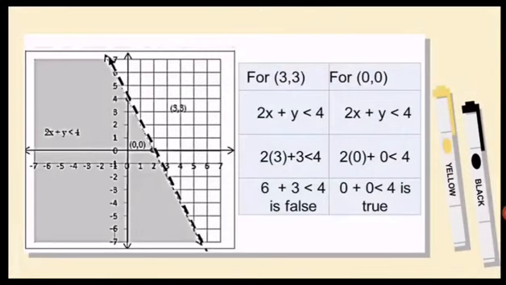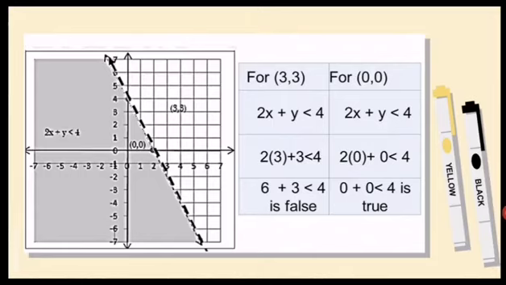For point (3, 3) as test point, using the given 2x plus y is less than 4, substitute x and y by 3, so we have 2 times 3 plus 3 is less than 4, and then 2 times 3 is 6, plus 3 is less than 4. This statement is false. For point (0, 0), substitute also the x and y by 0 in the inequality 2x plus y is less than 4.